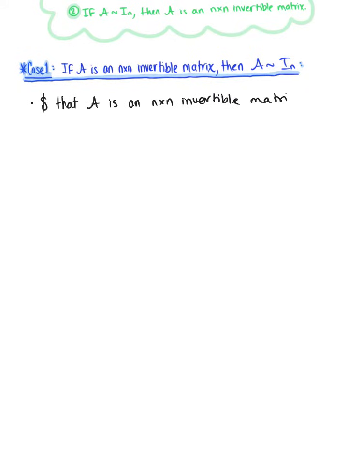So what does this tell us? Well, we know by a theorem from this section that if matrix A is an n by n invertible matrix, then for every vector b in Rn, the equation matrix A times vector x equals vector b has a unique solution.